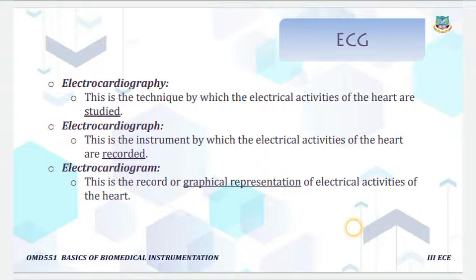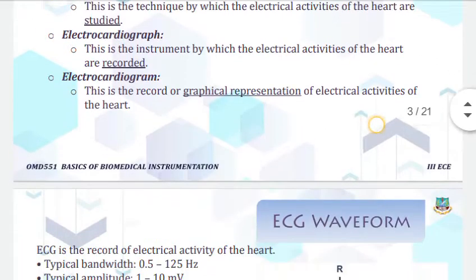So how does the ECG tell us if there is any problem in the heart? The ECG waveform has a particular shape. From variations in the shape, time interval and amplitude of the ECG signal, we identify whether there is some problem with the heart.